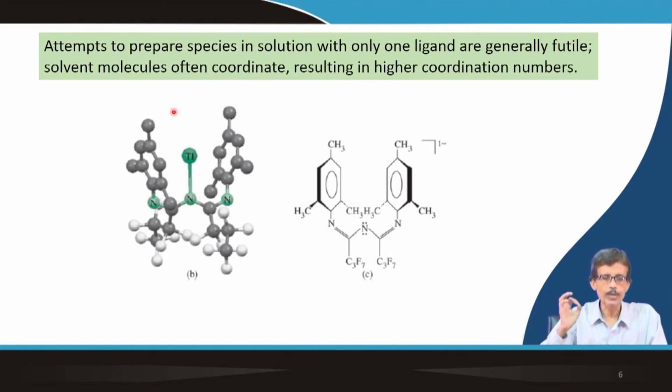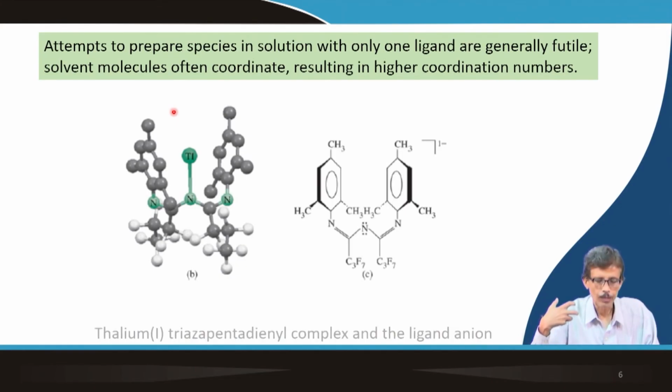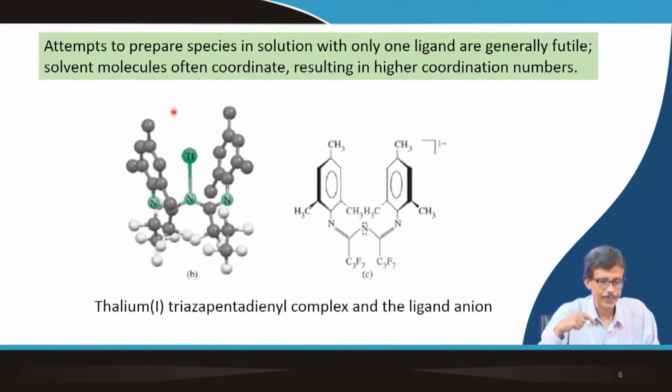Now, the very simplest case, where you have only one ligand bound to a particular metal ion center, is very difficult to get. But this is a typical example where we get a more complex, sterically hindered structure, which is basically a thallium complex.